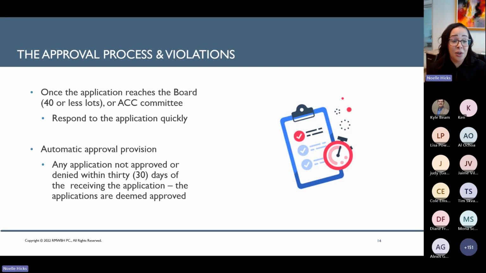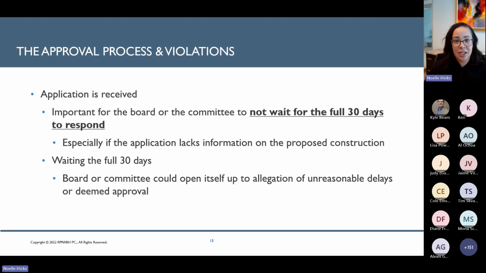So if it is day 31, and sometimes we have these savvy homeowners who have read these restrictions, and they know that on day 31, if they haven't received any sort of response from the ACC, then that application is approved and they immediately go and start doing the construction, even though under other circumstances that application would not have been approved, right? So we want to make sure that we're paying very close attention to any sort of time constraints like this, and we're acting as quickly as possible when we do receive those applications.